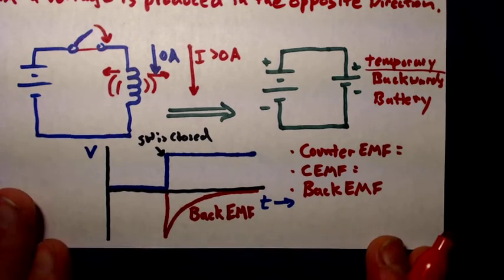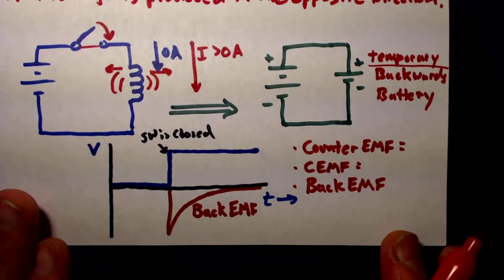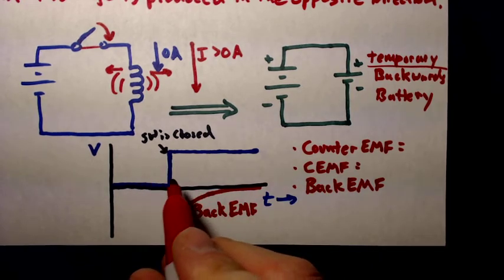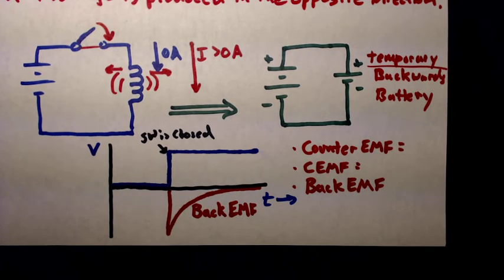Now, what I haven't plotted on here yet is current. What does that mean in regards to the current?